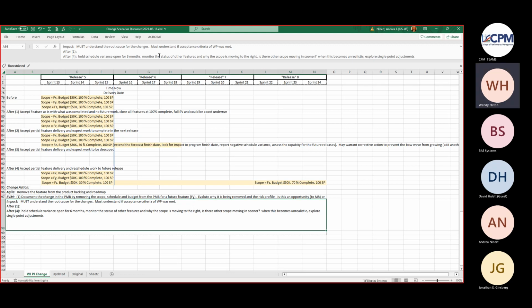So there really has to be enough backing of why you are doing it. Are you trying to hide variances? Mm-hmm. So it's the intent of the single point adjustment. That's how we have to look at it from an oversight perspective. Does that make sense? 100%. Yes, that makes sense.